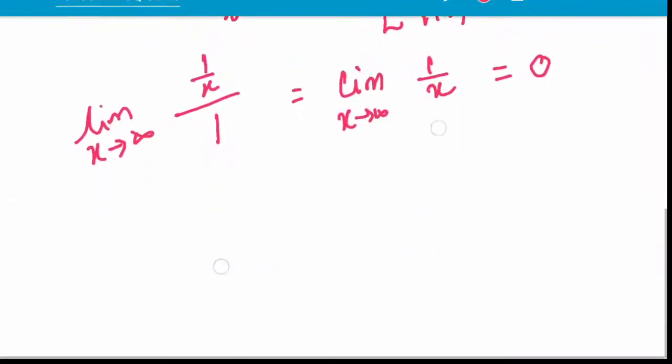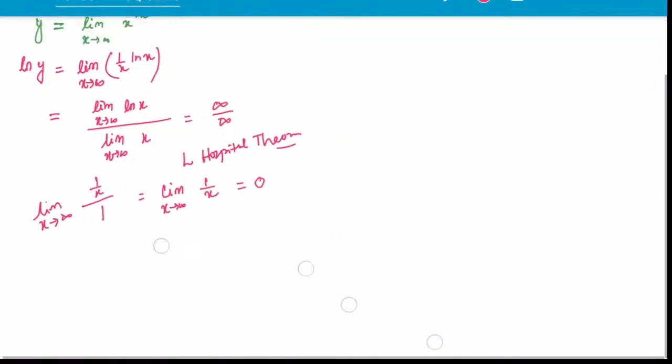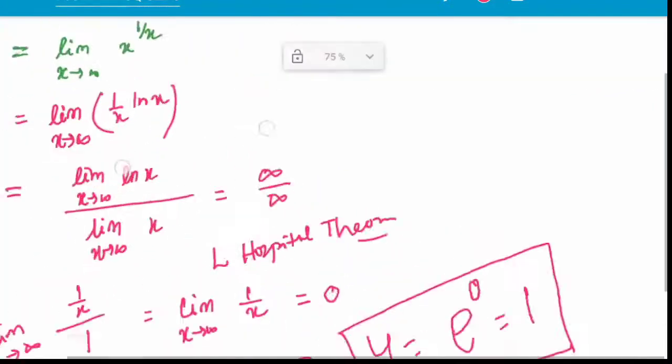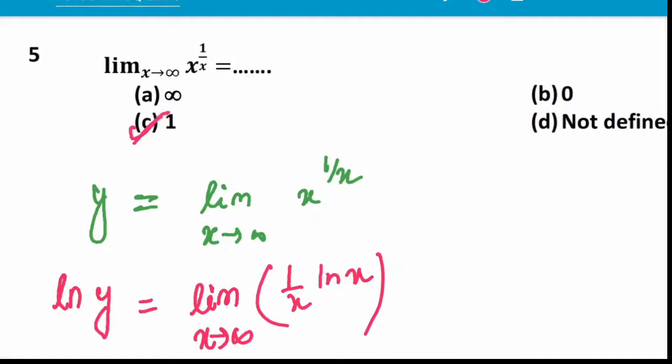So what we are getting? ln y is equal to 0. So what will be y? y will be equal to e to the power 0, which will be equal to 1. So here the answer will be 1, option number C.